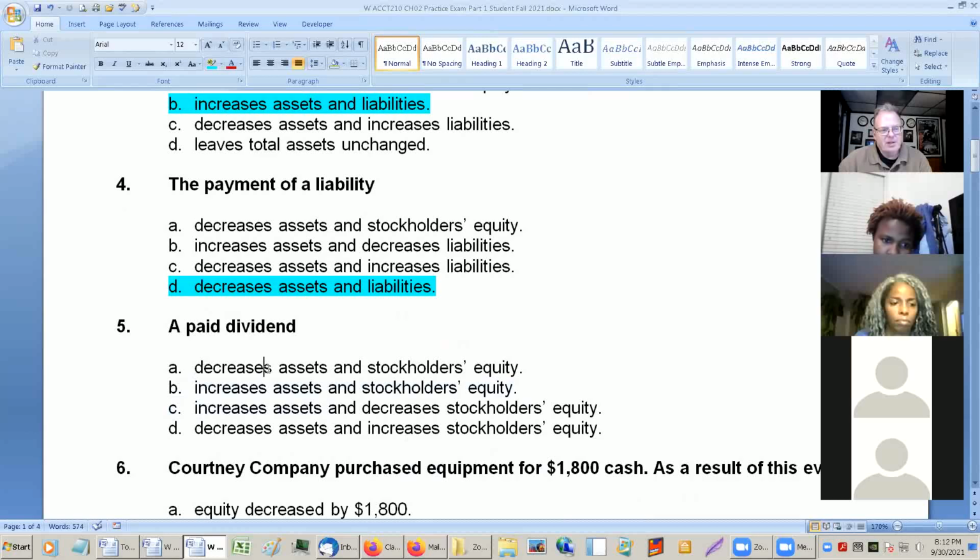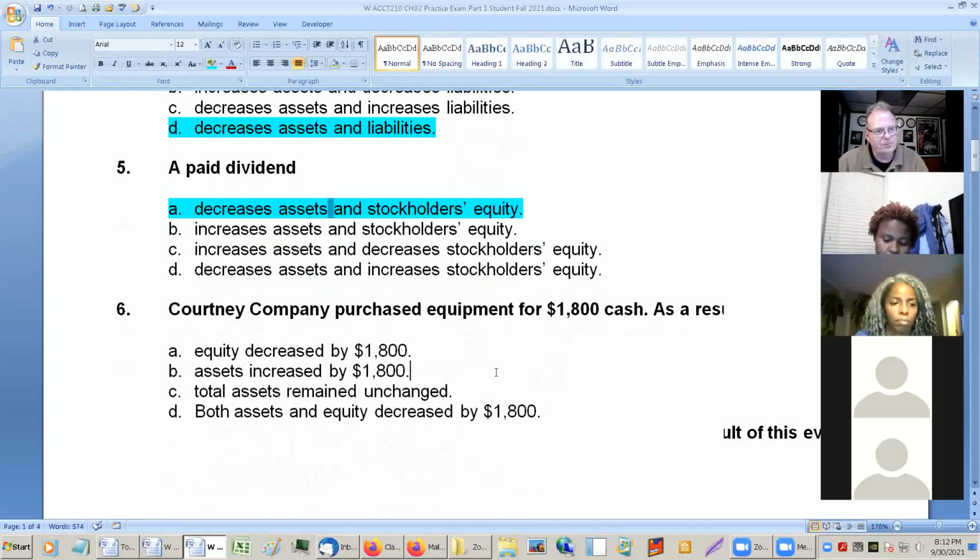It's going to decrease your assets, and through the retained earnings, it's going to decrease the equity account. I know this is confusing because the book shows dividends as increasing, but they're more of a negative. If you're saying that's confusing, you're right, it is, but that's just the way they do it. So payment of a dividend decreases assets and decreases shareholders' equity. And I don't like that question.